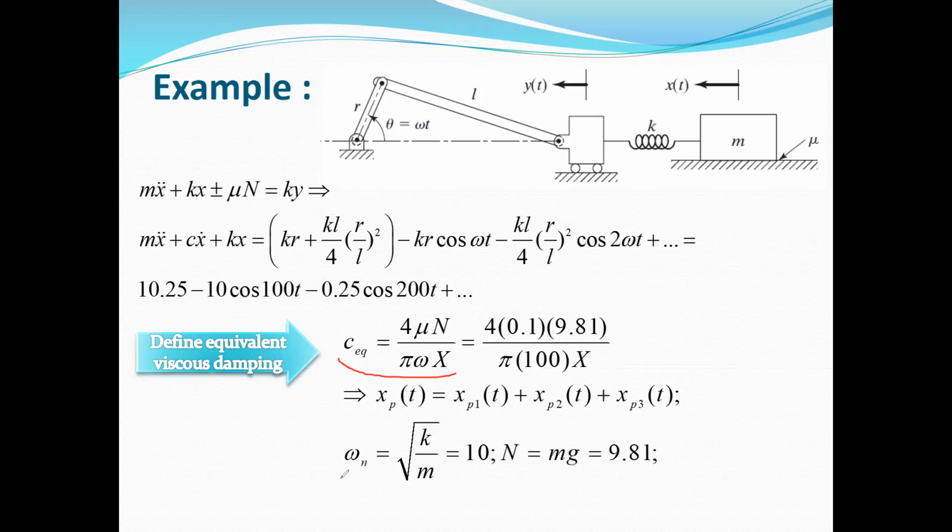Also, we can calculate the natural frequency and the friction force, the normal force, which is mg, and then we can substitute into the formula for the solution of a system with Coulomb damping.